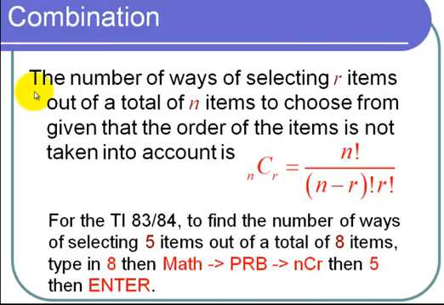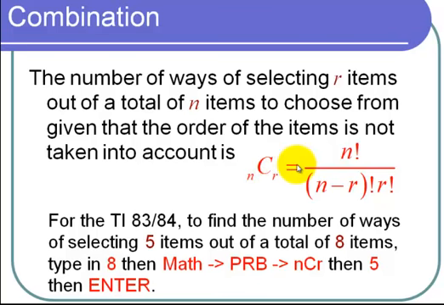What it says is that the number of ways of selecting r items out of a total of n items to choose from, given that the order of the items is not taken into account, is, and the symbol is nCr. Sometimes you'll see an nCk there also, but I'm using nCr.